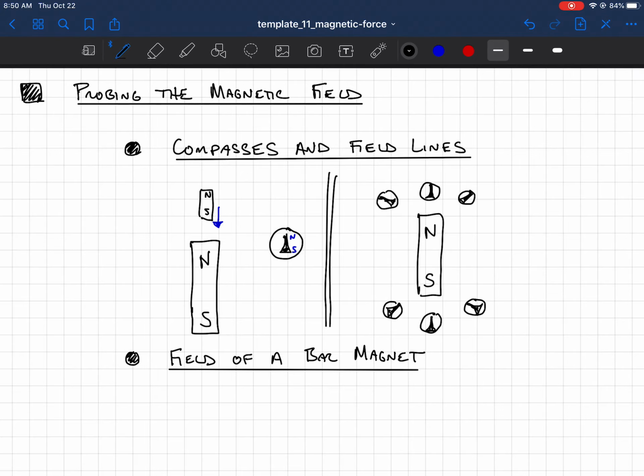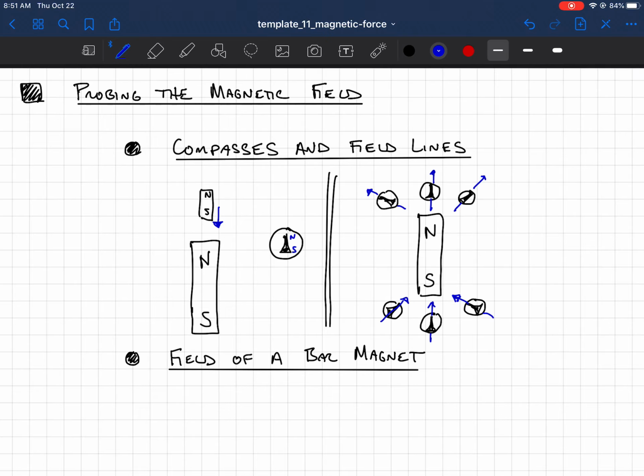And you can start to see what the magnetic field looks like, because we say that each of these compasses will be aligned with the magnetic field vector at that point. So we could draw the magnetic field vectors. They sort of look like this. So these are the magnetic field vectors of the bar magnet as probed by the compass.